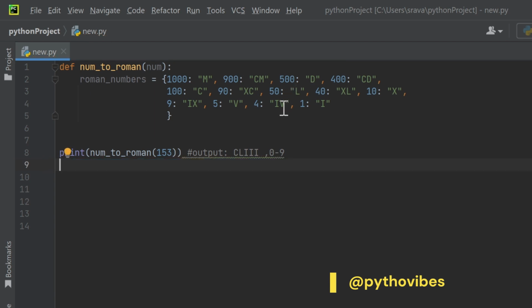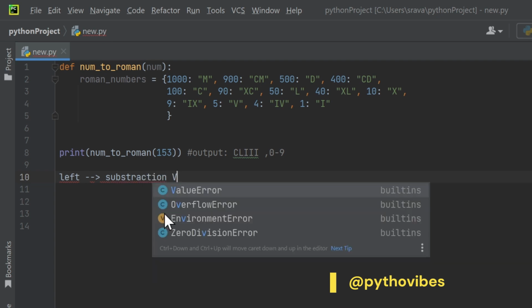If we have to write 4, first you need to know how we represent 5. 5 is written as V, and 4 is 1 less than 5. If we reduce one from 5, we get 4. Here you need to understand that if we write a number on the left side, it is subtracted from the nearby value.